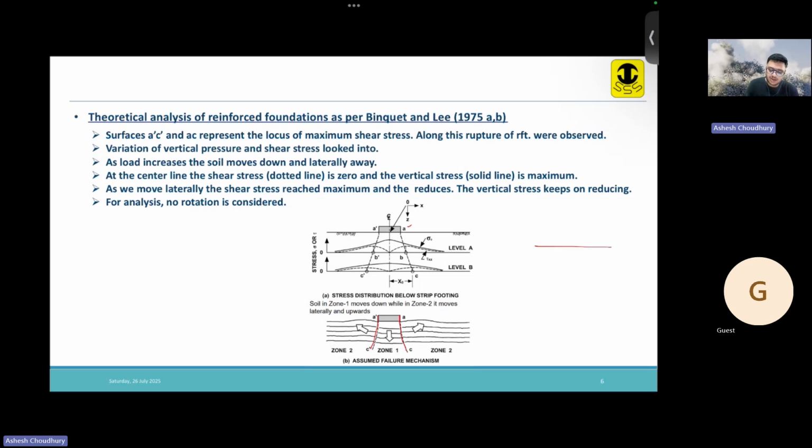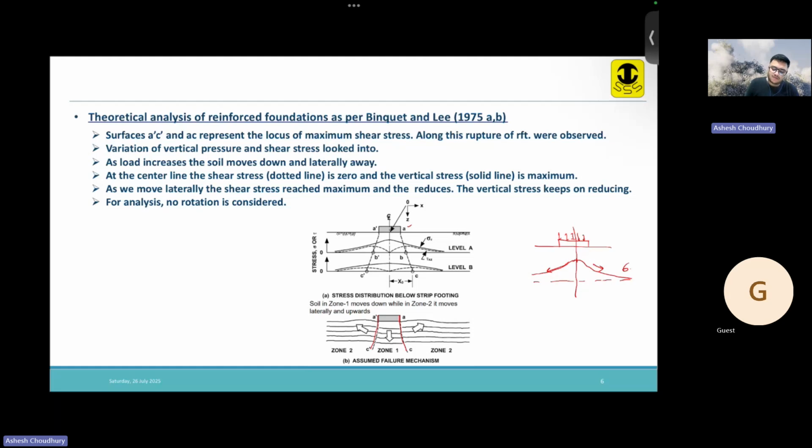When you are loading a surface, what happens at any depth, say at this depth, is that the vertical stress varies like this, right? At the center, it is maximum, and as we move away from the center, the stress reduces.